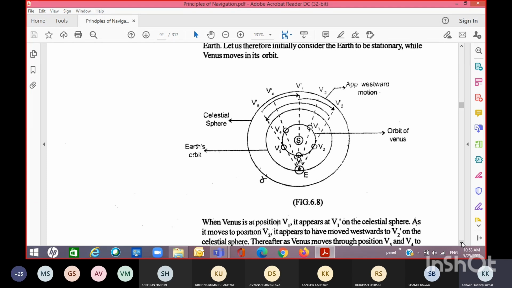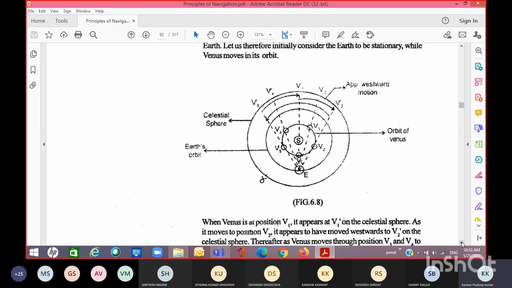After that, she is going to maximum elongation on the right side at V2, and the position V2 on the top. So Venus has swung from one direction to the other when you see it on the sky. From your left side, she has come to the right side.